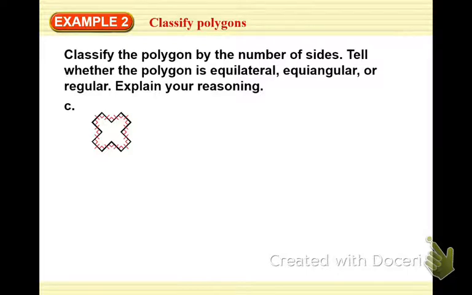So the angle we have to compare the corner to, this angle compares to this angle, which would be how many degrees? No. 270, right? It's 360 minus this angle. That's 270. So we're comparing 90 and 270, and they aren't the same. They're not equiangular. So it's not regular.